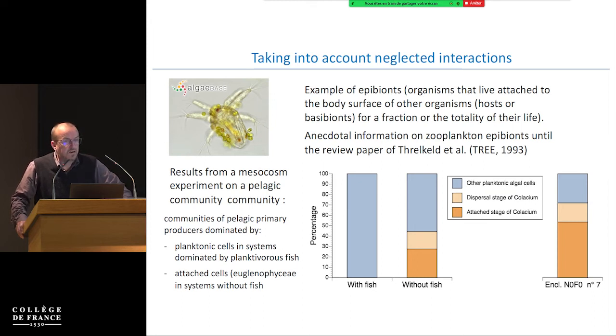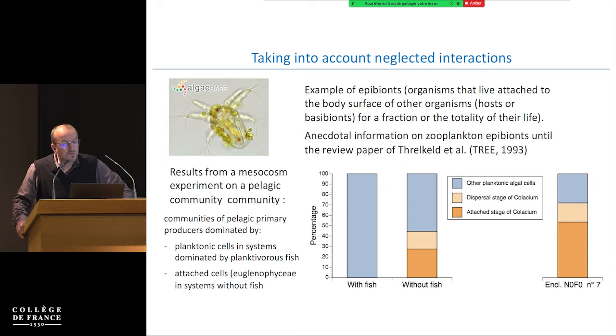Some years after, we decided to make some counting. It was an experiment with fish and without fish. And you can see that in all the treatments with fish, all the pelagic cells in the systems were planktonic, in systems dominated by planktivorous fish.